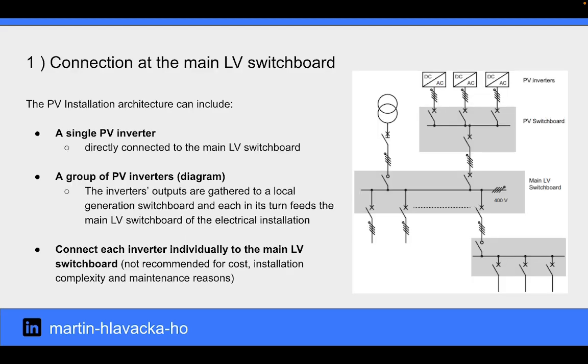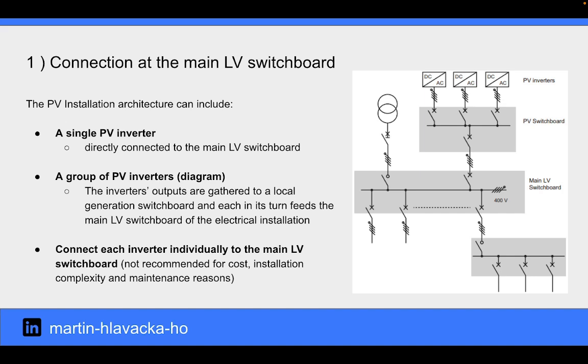Connection at the main LV switchboard. With this configuration, the PV installation architecture can include a single PV inverter directly connected to the main LV switchboard or a group of PV inverters.